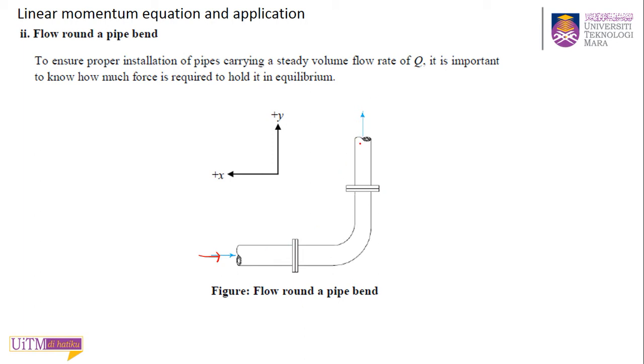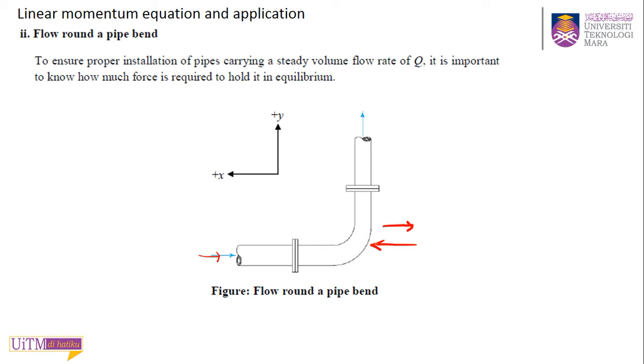To make sure this pipe is steady, held in equilibrium, there must be a force exerted, whether in this direction or that direction, depending on the value that you calculate, but there must be a resultant force that will hold this pipe.